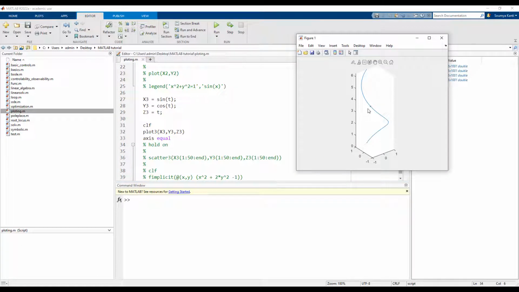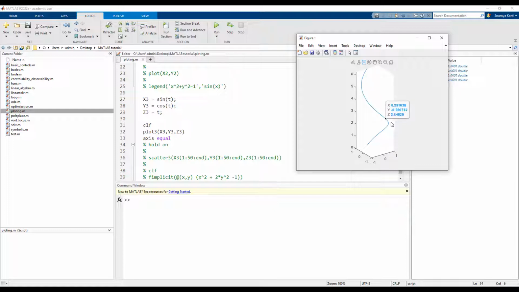In MATLAB you will have these particular functions on top. These will help you in determining different things. You can use this to rotate the figure, you can see I can rotate it. This one is for data points. If I want to know the value at a particular point, I can click here and it will give me the x, y, z values.